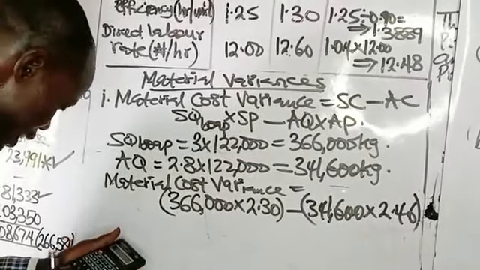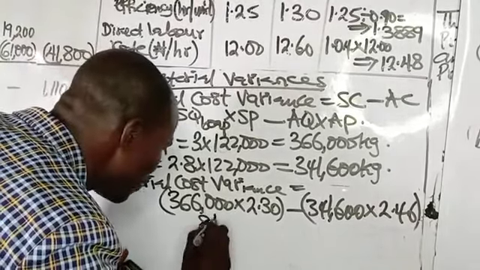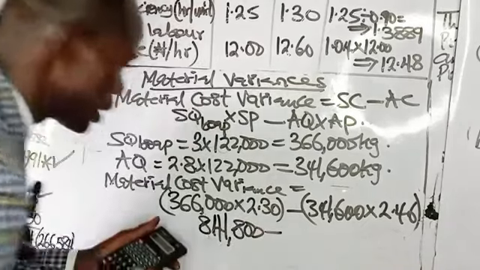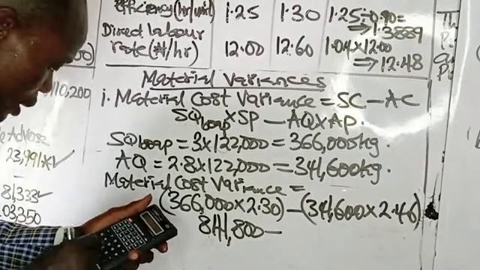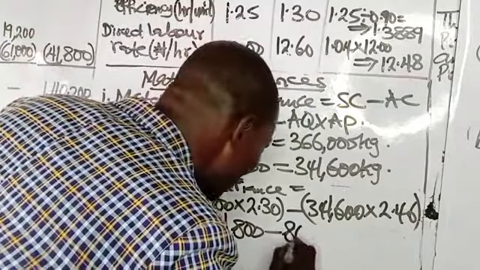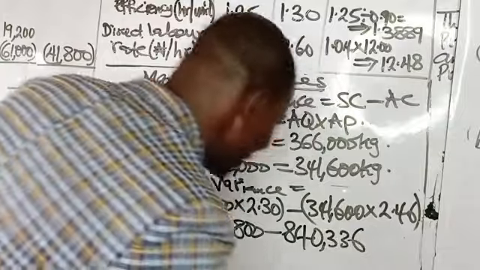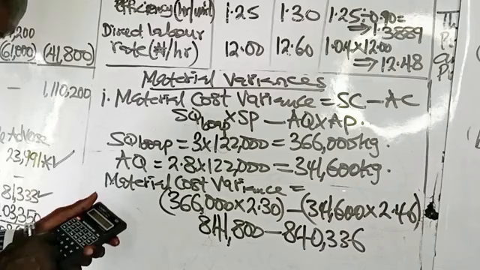So 366,000 times 2.3 gives us 841,800, minus 341,600 times 2.46. So we have 840,336. What is the difference between the two amounts? 841,800.